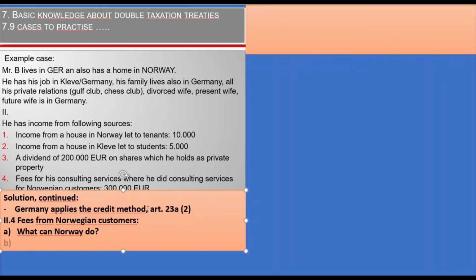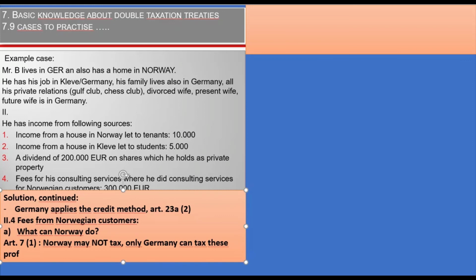Okay. Let us write the result of our examination down. Article 7.1, Norway may not tax, only Germany can tax these profits, and that leads to which obligation of Germany?